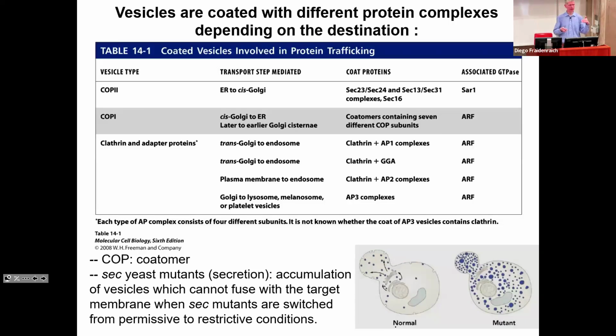If these proteins are mutated, you would see accumulation of vesicles in the cell because they would be produced by the endoplasmic reticulum but would not fuse with the Golgi, for example. So this is just an example of how this is studied.